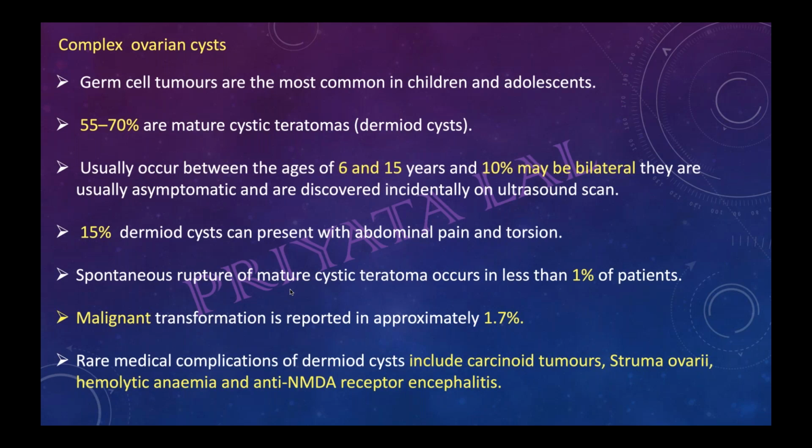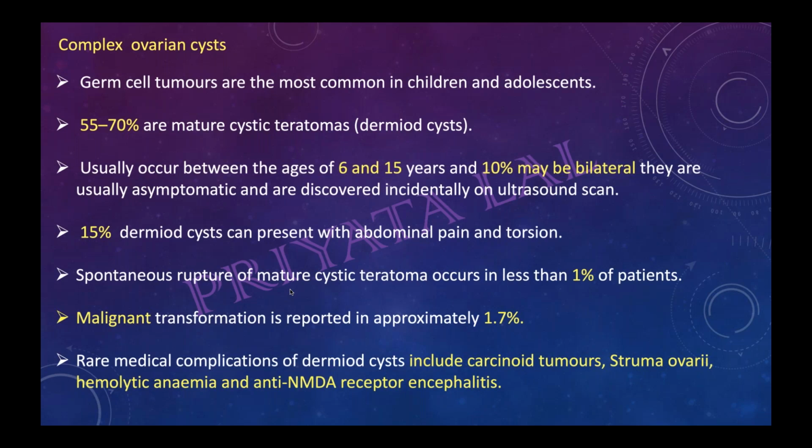Then struma ovarii, which usually secretes too much thyroid hormone. Then they can present with hemolytic anemia, and also as anti-NMDA receptor encephalitis. These three you should remember, because sometimes they can be asked in the SBAs.